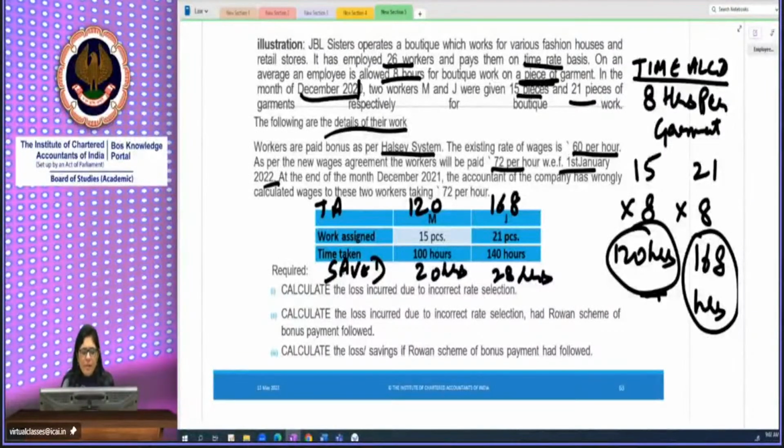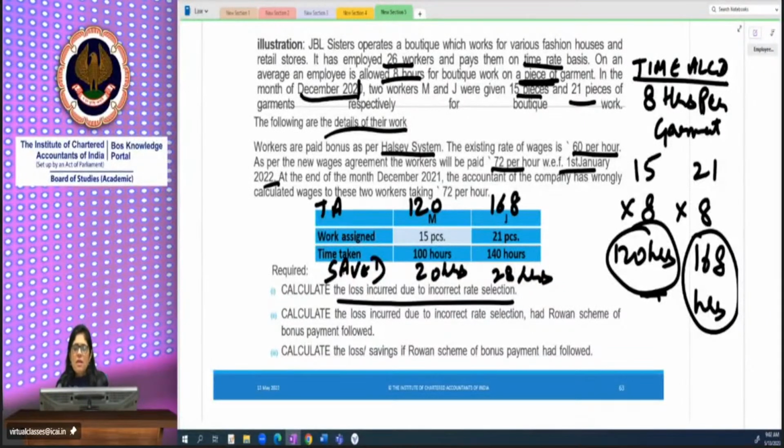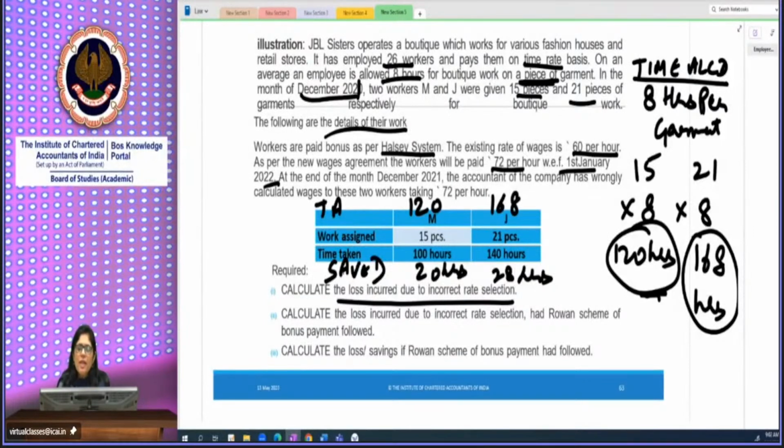But what happens is, calculate the loss incurred due to incorrect rate selection. So you have to calculate the wage. First of all, what is the loss? It should have been calculated as per 60 per hour, but the accountant has calculated the wages as per 72 per hour. So students, there are two ways of doing it.